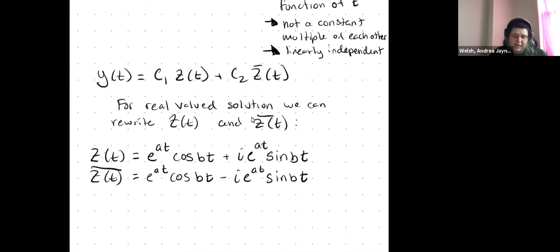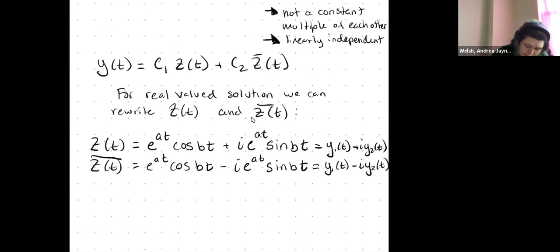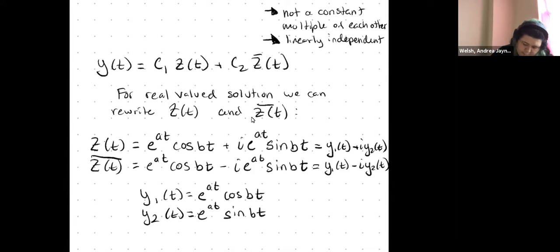So what we can see here is that we can rewrite this as y1 of t plus i y2 of t. This one on the bottom is going to be y1 of t minus i y2 of t. And that is only going to work if we take y1 of t to be e to the at cosine bt and y2 of t to be e to the at sine of bt.